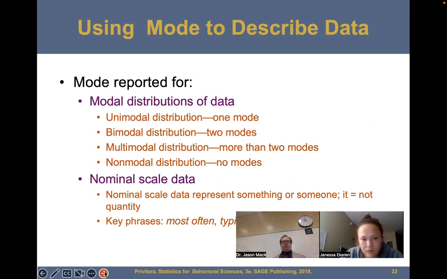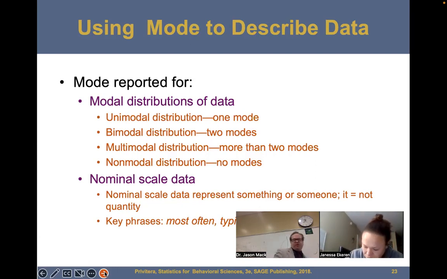Mode is reported for unimodal, one mode, the repetition of a number. Bimodal, two modes. Multimodal, more than two modes. Non-modal, no mode. Mode is just a repetition of a score multiple times.